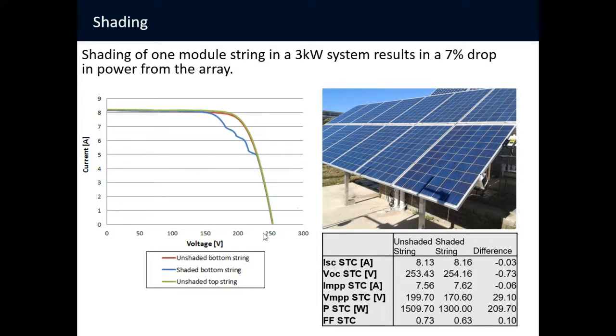If one were to just look at the performance parameters by themselves, one often doesn't see as clearly that there might be a cell mismatch problem, whereas when you look at the IV curve, these jumps indicate that there must be a bypass diode being activated.